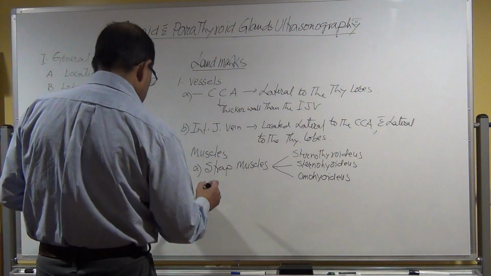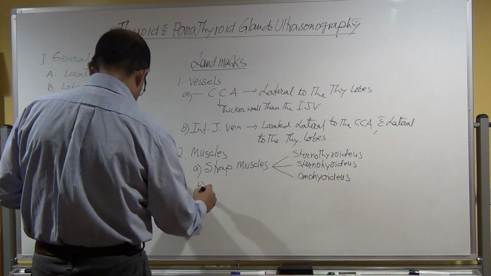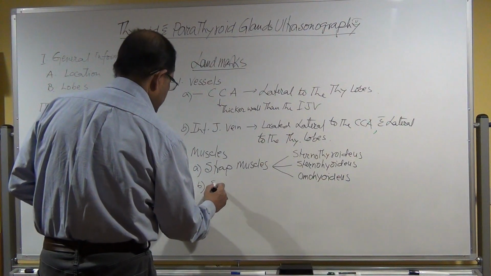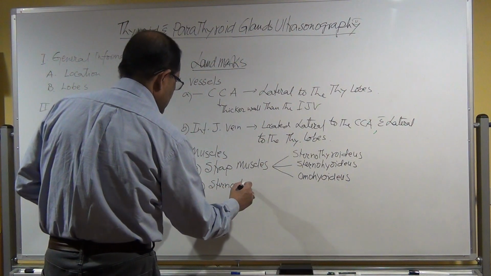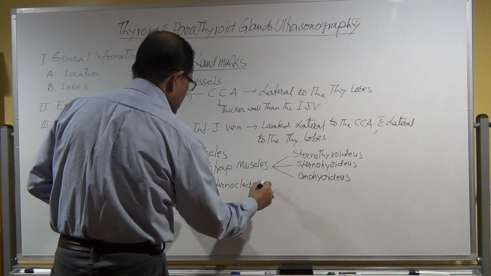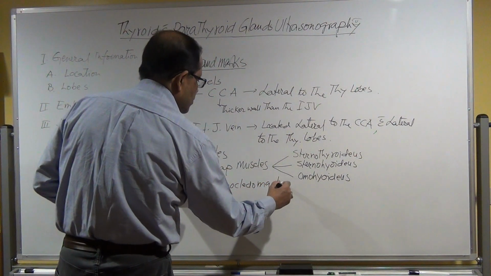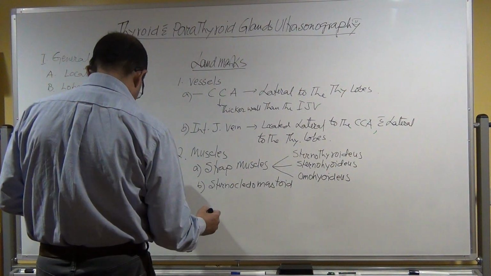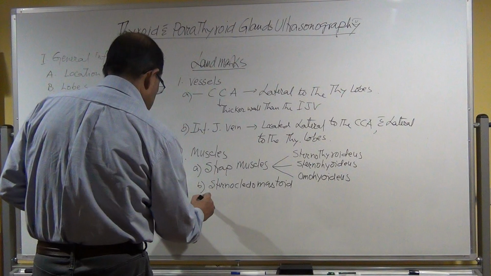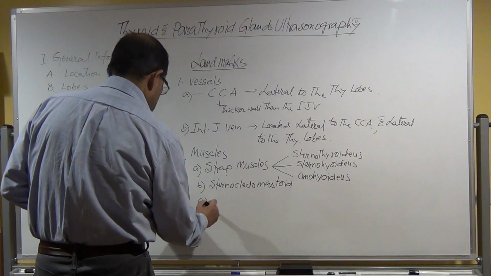Okay, what are the other muscles? B is sternocleidomastoid muscle, and longus colli muscles.